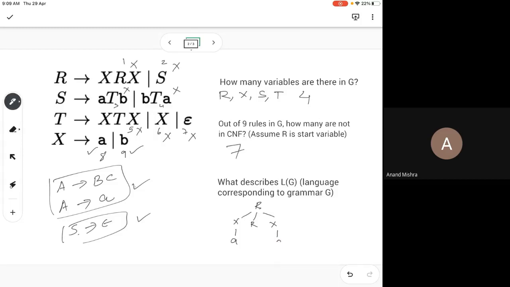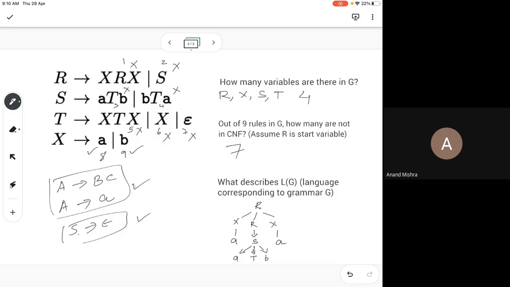Let's try to come up with a palindrome using these production rules. Will we be able to do that? We will not. R can be S, and S is ATB or BTA.